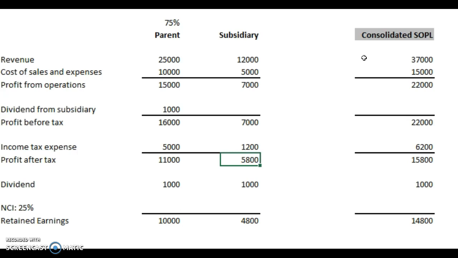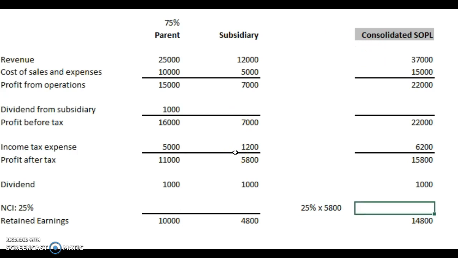So we're going to have to deduct that amount from the group profits. So what we're going to do is we're going to reduce it by 25% of this amount, 5,800.